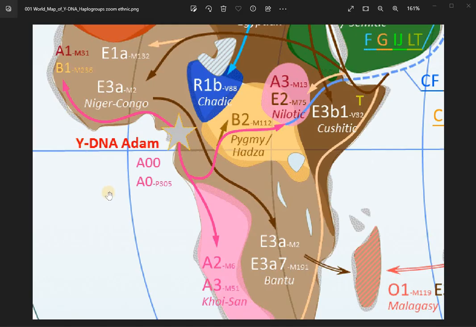So I show you quickly. This is more or less Africa, Sub-Saharan Africa, and this is where A retires to, withdraws to, and it's the Khoisan.